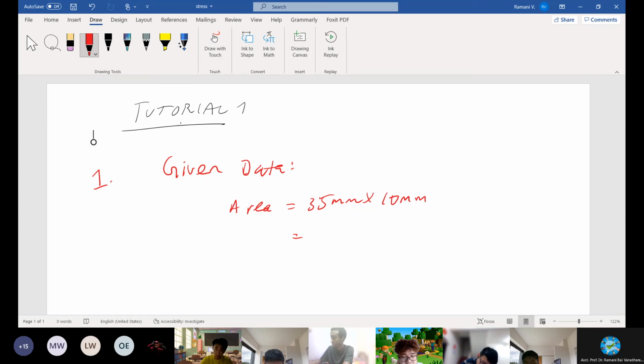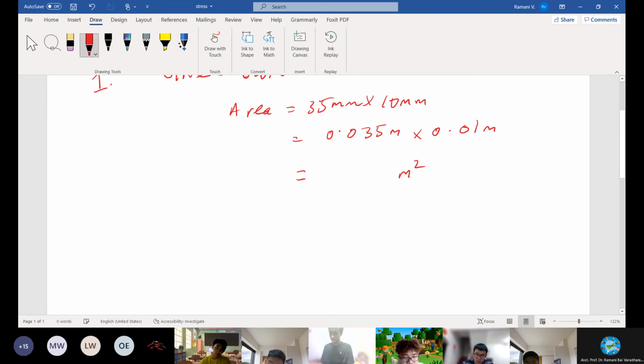What is the area in meters? Converting to meters, 0.035 meters times 0.01 meters. It's a rectangle, already given the width and the depth, so the area of the rectangle will be like this in meters. What is the area in meter square? Everyone work it out.